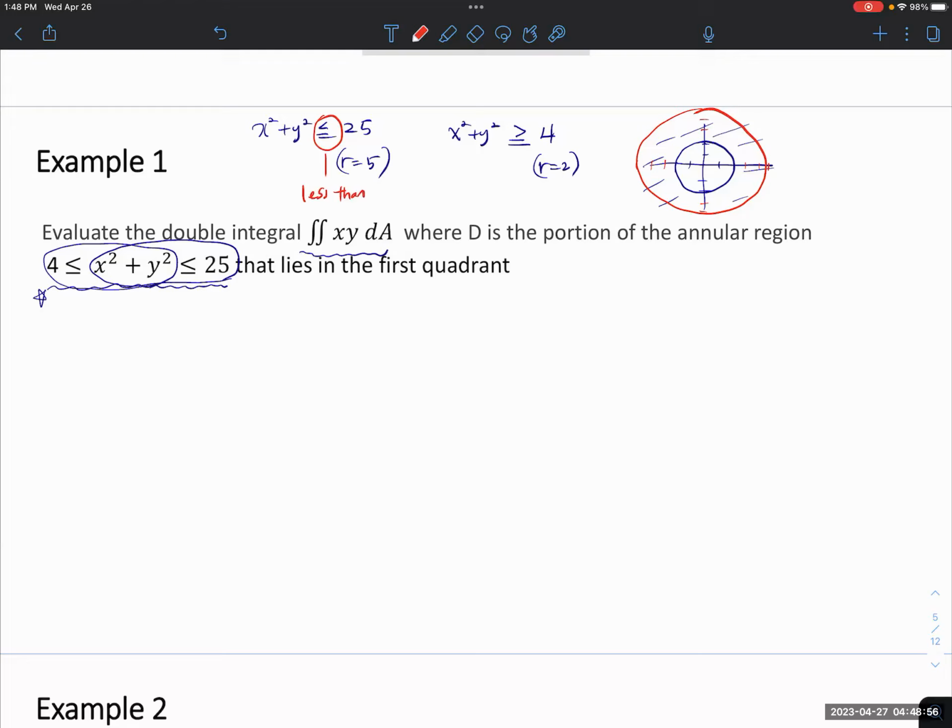They also say the area is going to be in the first quadrant. So where is the area? Outside of the first equation, inside of the second equation. This is the area we are looking for. Are you clear? When you look at this equation and inequality, you should be able to draw the region we are looking for. Okay, we good.